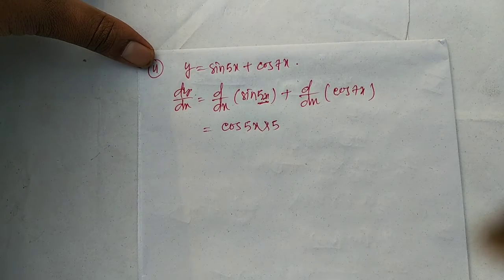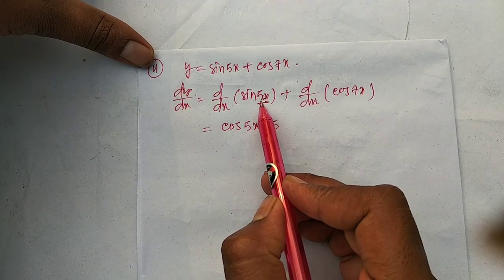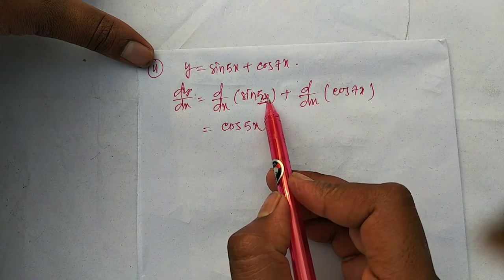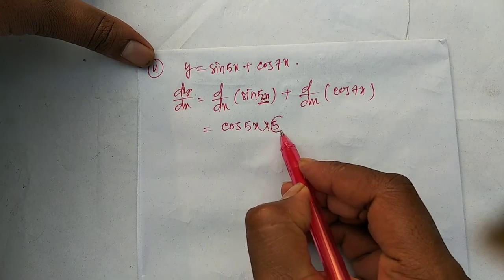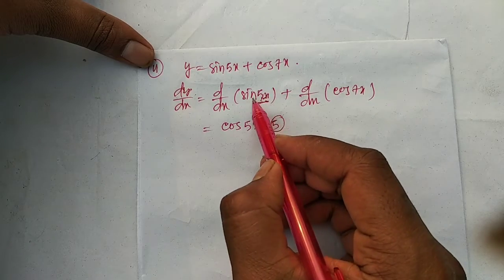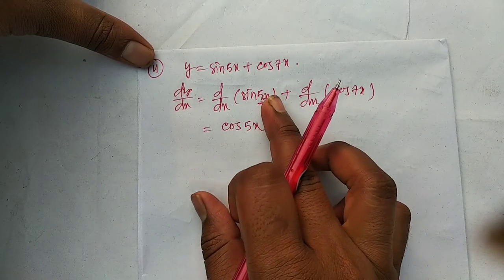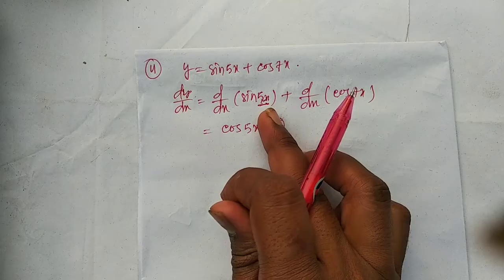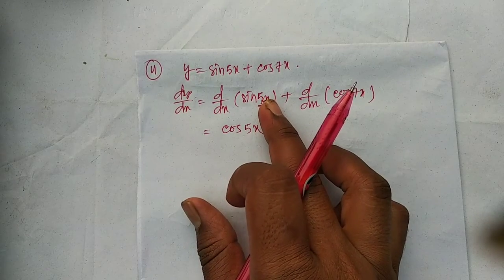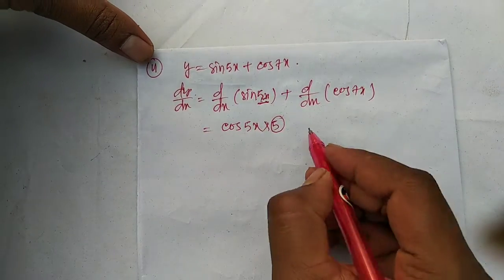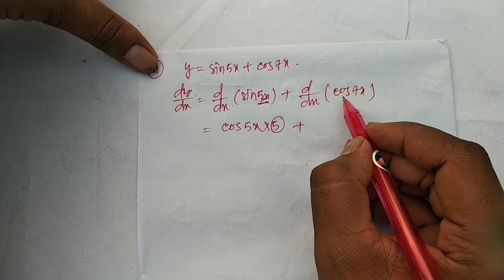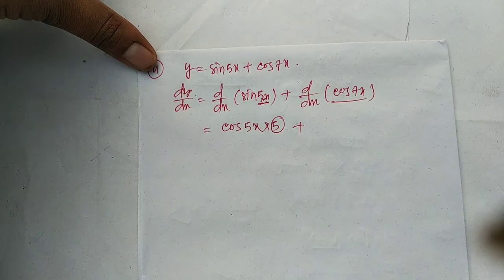So what we are observing here, the constant quantity that is multiplied with x will come outside, and just assume this one as sin u, and then its derivative will be cos u. Just put the value of u, that is 5x. Again here the derivative of cos 7x.